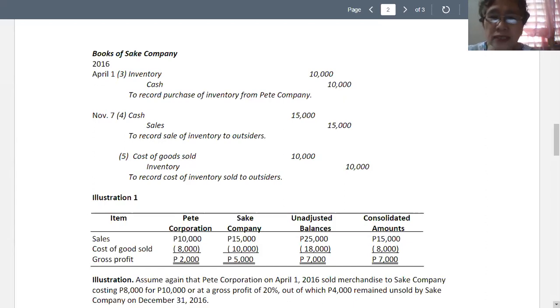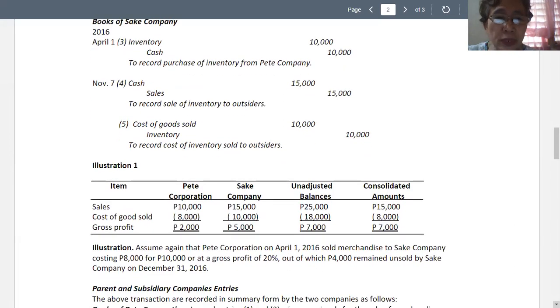profit of 7,000. Now, assume again that Pitt Corporation on April 1 sold merchandise to Sake costing 8,000 for 10,000 at a gross profit of 20%, out of which 4,000 remained unsold by Sake Company at the end of December. Okay?